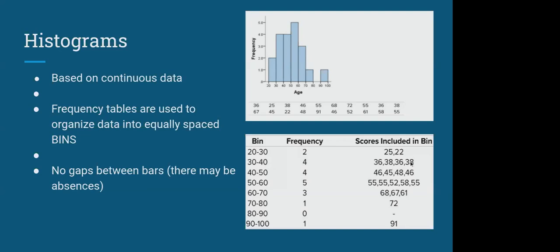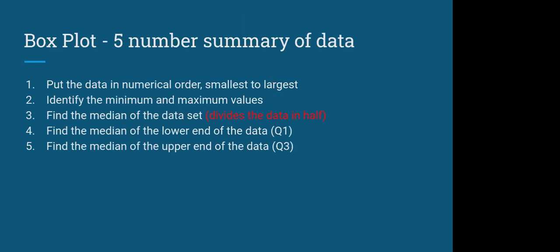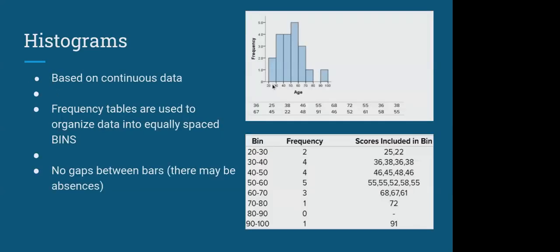Now, in a histogram, you can't tell just from looking at the graph, not looking at the data, but looking at the graph, you just know that there are two people whose ages are between 20 and 29.